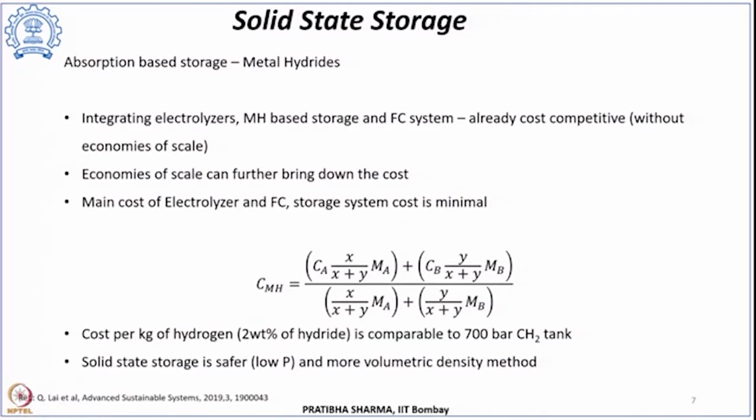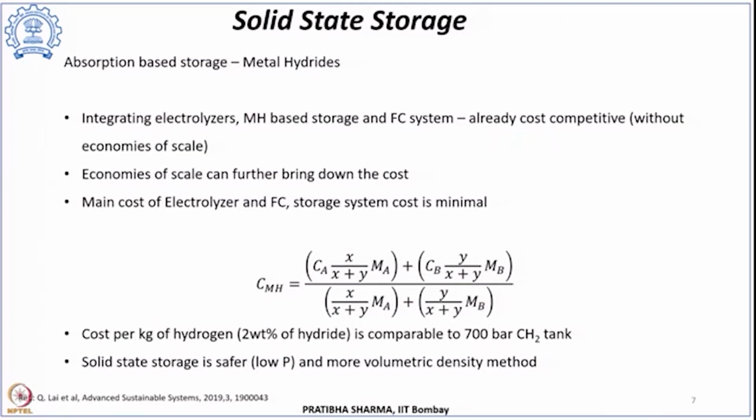Now, when absorption based systems like the metal hydride based storage systems are being considered, it is found that these are at par with the compressed hydrogen tank. There have been studies carried out wherein, integrating an electrolyzer with a metal hydride based hydrogen storage system and fuel cell system, it is found that these are currently at par, already cost competitive with the 700 bar compressed hydrogen tanks.